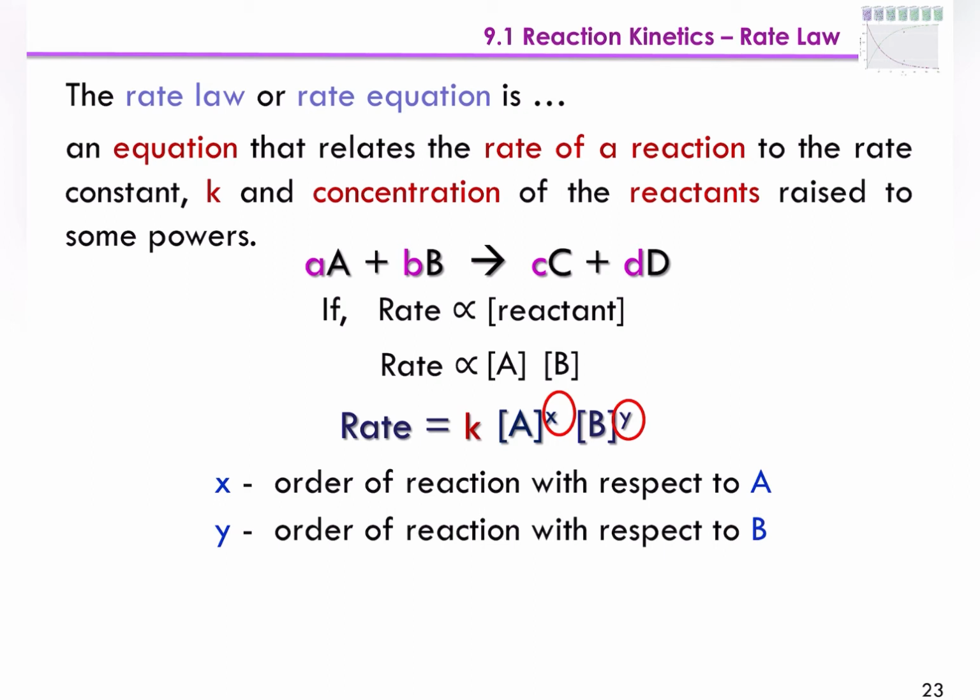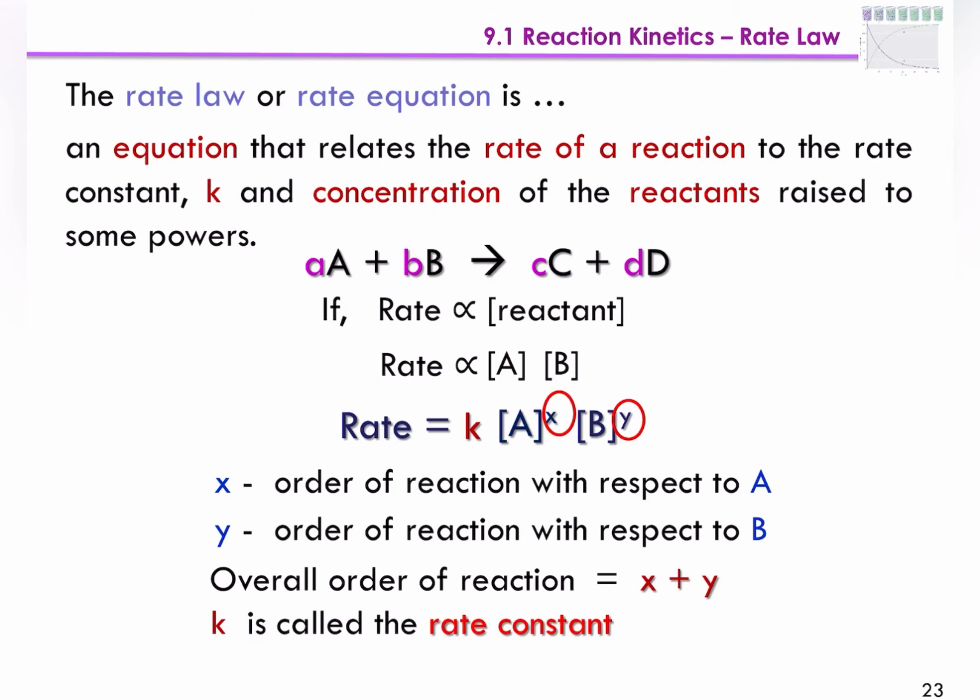Dan inilah yang kita akan tentukan dalam rate law. And in order for you to determine the overall order of reaction, maknanya dia adalah hasil tambah X dan Y. Dan as usual, K is called the rate constant.